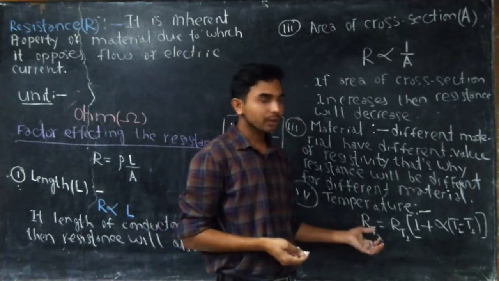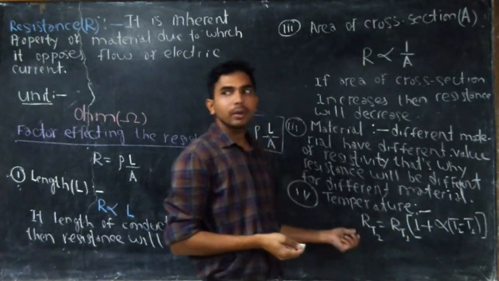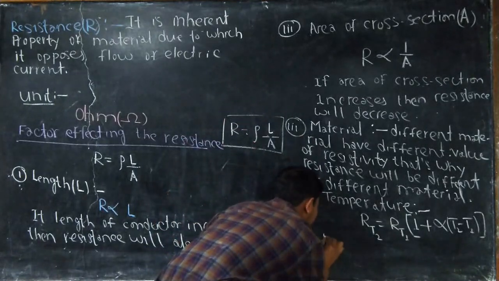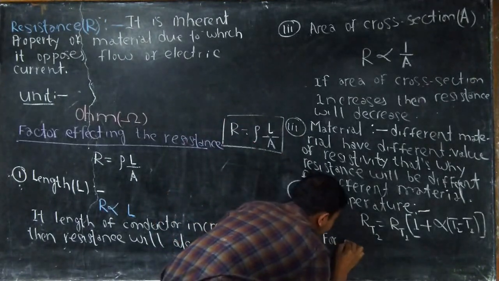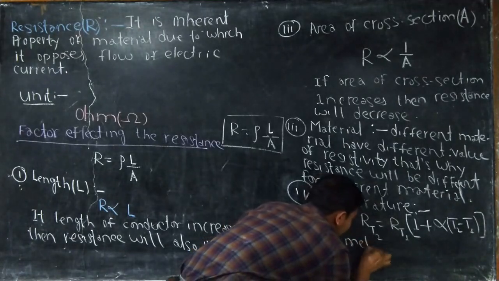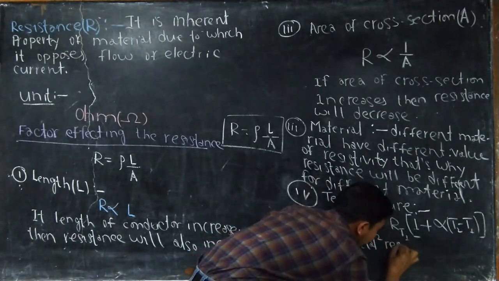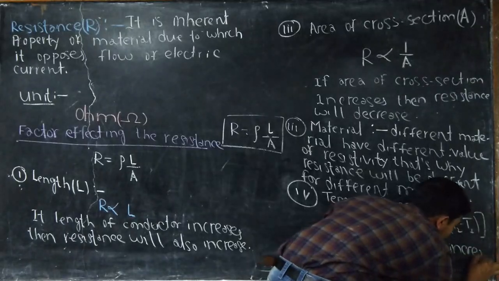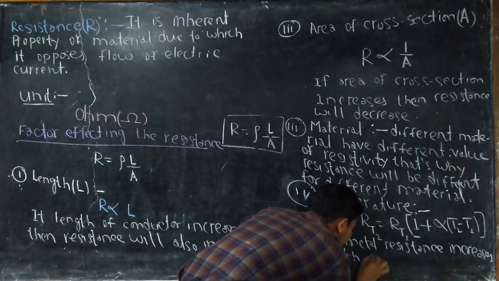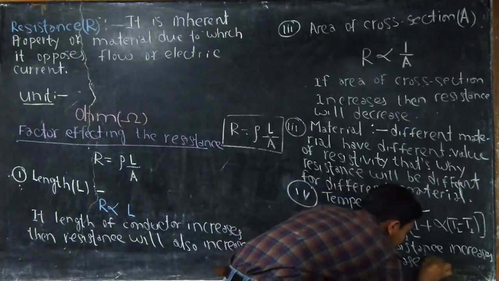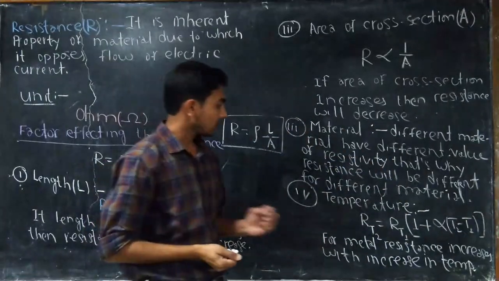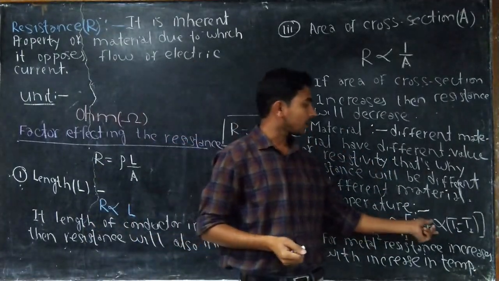So for different values of temperature, resistance will be different. For a conductor, for metal, resistance increases with increase in temperature.